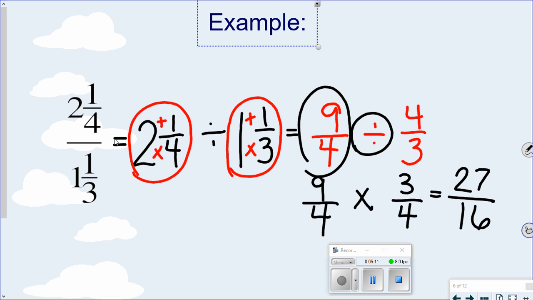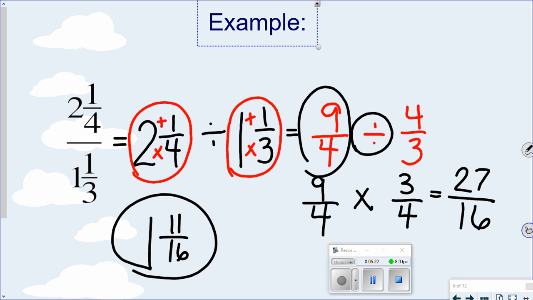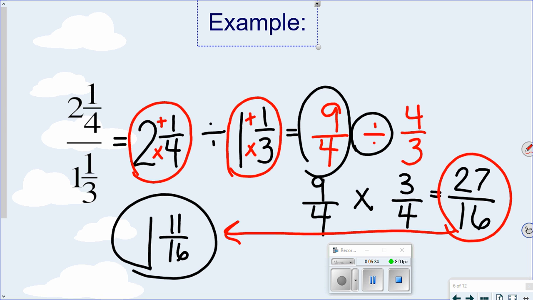How many times can 16 go into 27? It can go in one time, and there would be 11 out of 16 left over. So my final answer, written as a mixed number, would be 1 and 11 over 16. Because I changed this to a mixed number.